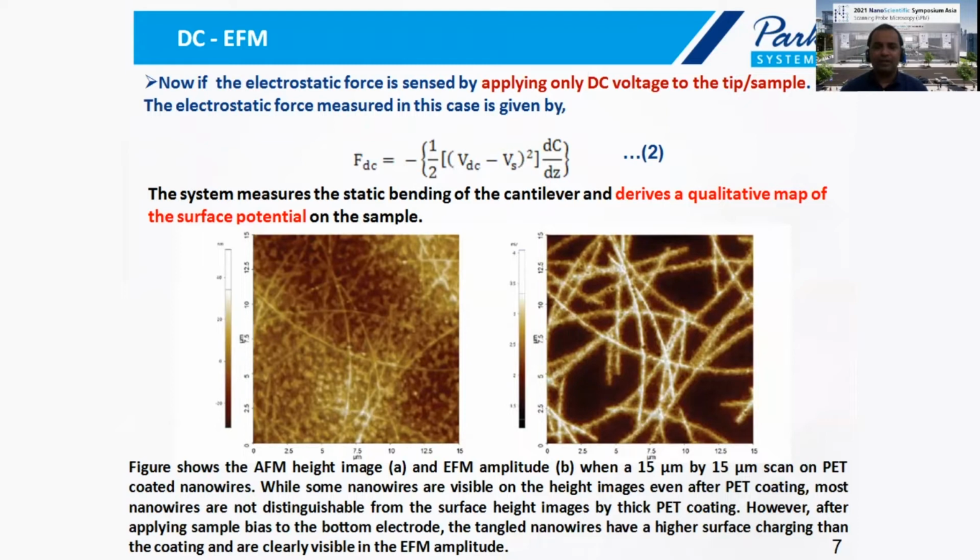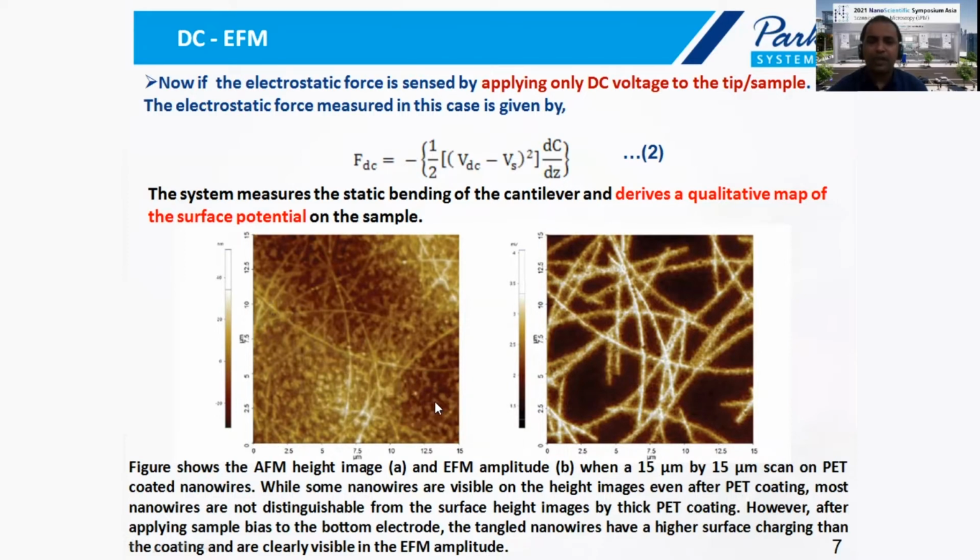One example that is shown here is PET coated nanowires. On the left hand side you have the height image, and on the right hand side you have the EFM amplitude image. If you take a look at the height image, these nanowires are not much distinguishable. If you look at this region right here, you actually cannot see any nanowire.